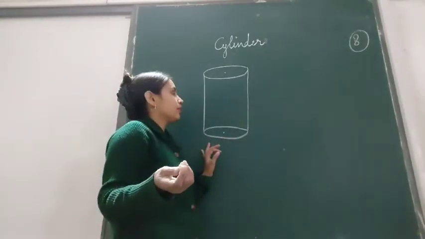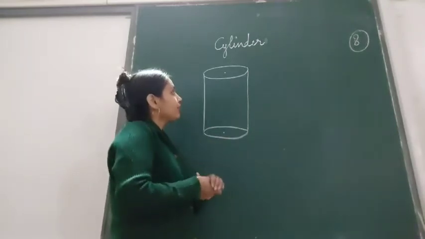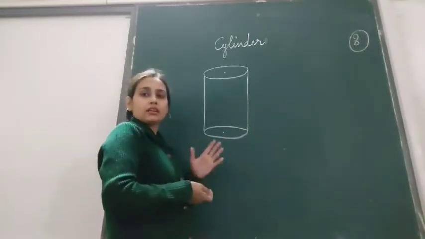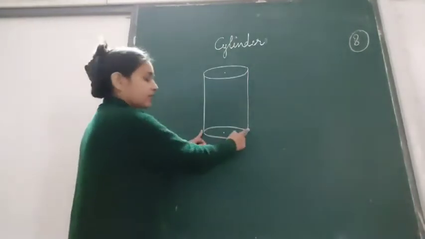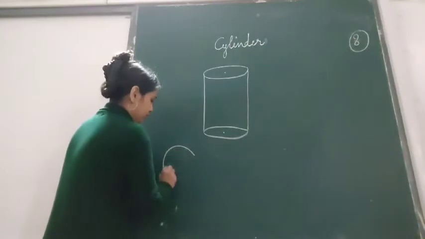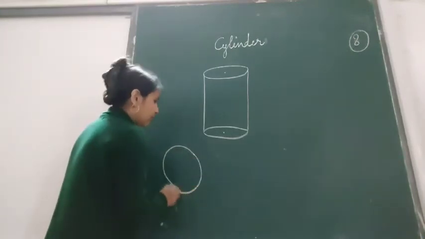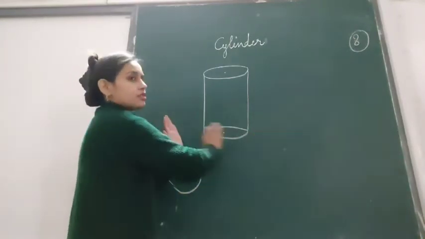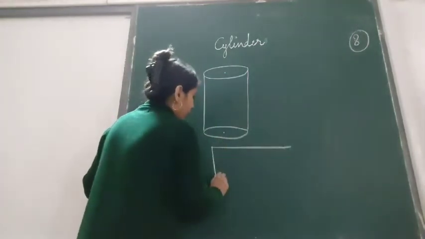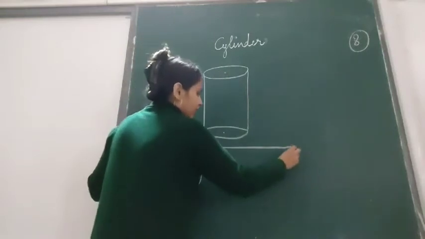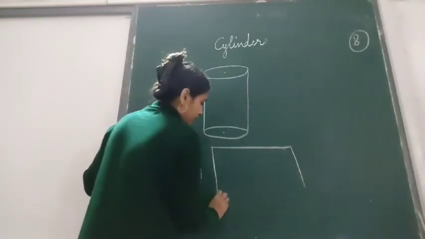So if we cut this cylinder, then what are we going to get? We will get this circle. This curved surface, it's a curved surface. If we cut it open from here, it is in the form of a rectangle.